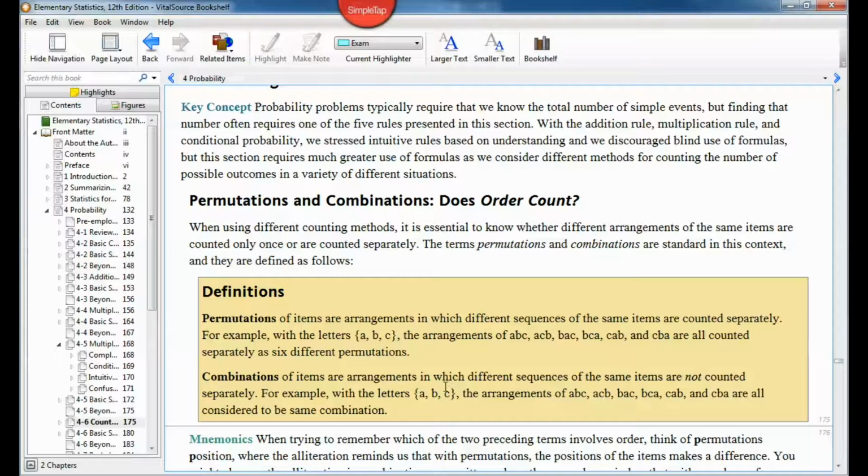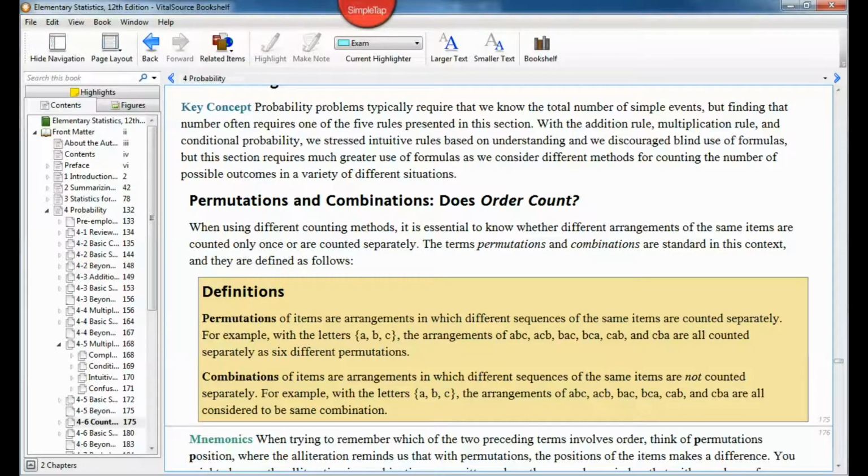For example, all these groups here that have the same letters would be considered the same combination. Just like if I chose 2 people and then I chose two people again and I got those same 2 individuals, I just chose them in a different order, it'd be the same group. Okay, that's a combination when order doesn't count.